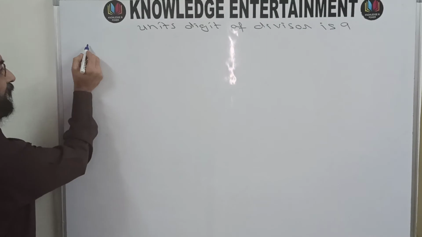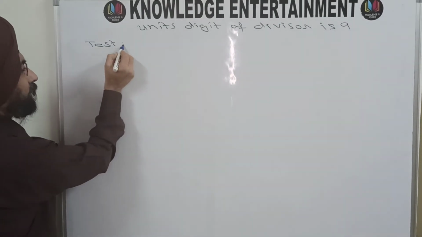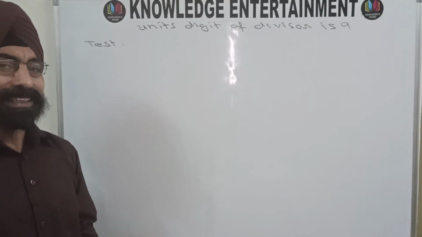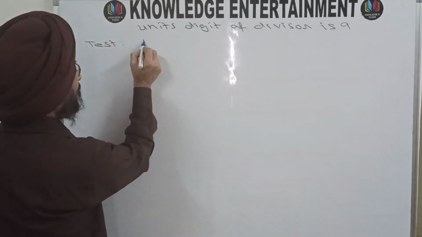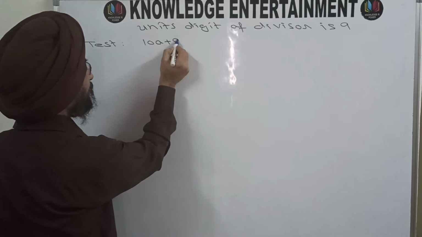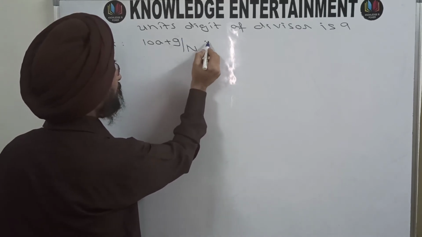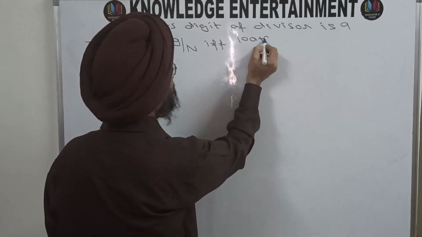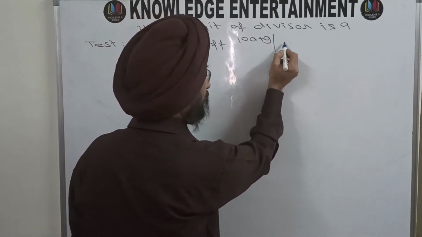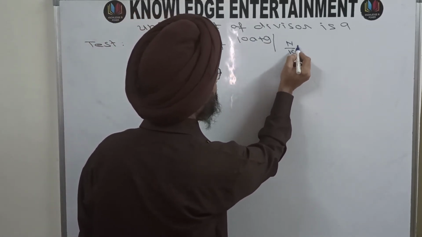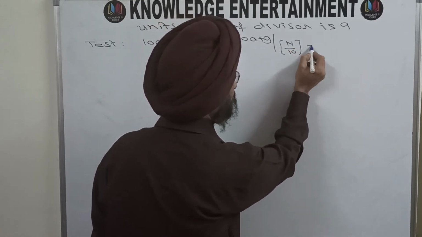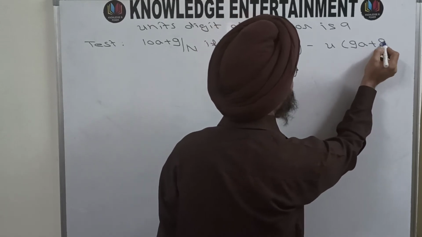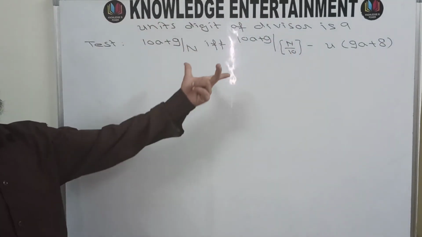Then your test says the number will be of the type 10a plus 9 now. So 10a plus 9 divides n if and only if 10a plus 9 divides n by 10 greatest integer function minus u times 9a plus 8. This is the test.